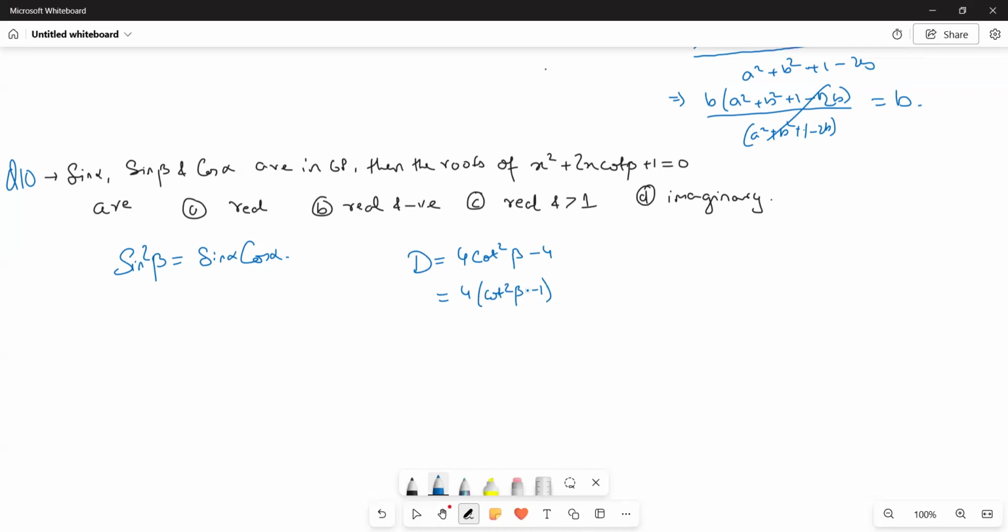But then what would be cot square beta minus 1?